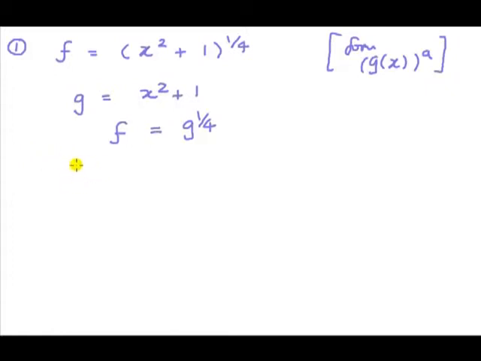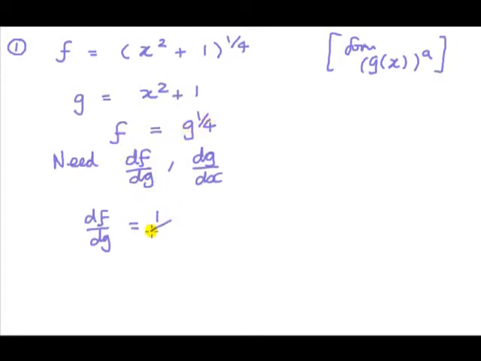To get the chain rule, we need this df by dg, and then we need to do dg by dx. Okay, so df by dg, we take this one here, we use the standard rule, so bring the power down, g to the quarter, subtract 1. Now if we're doing that without a calculator, subtracting 1 is the same as 4 over 4.